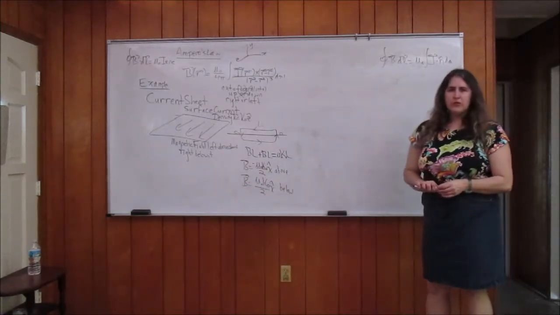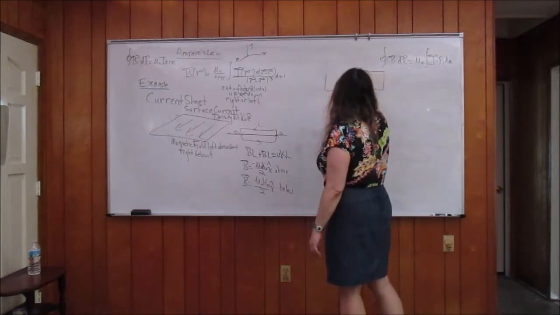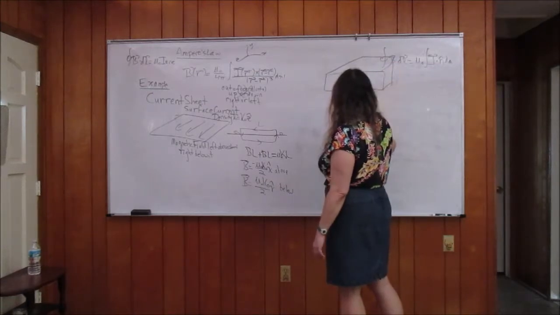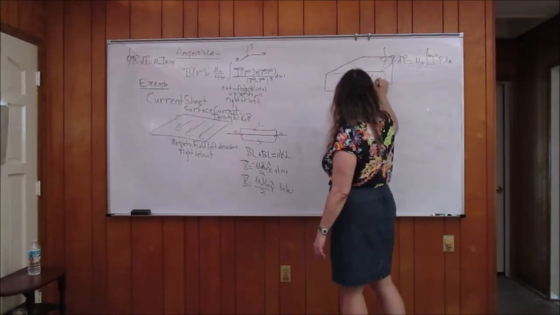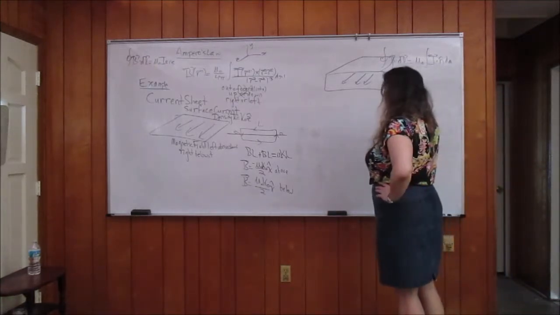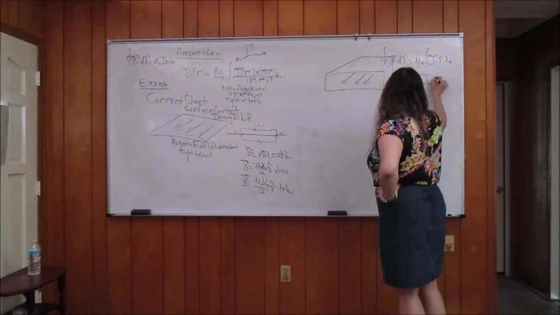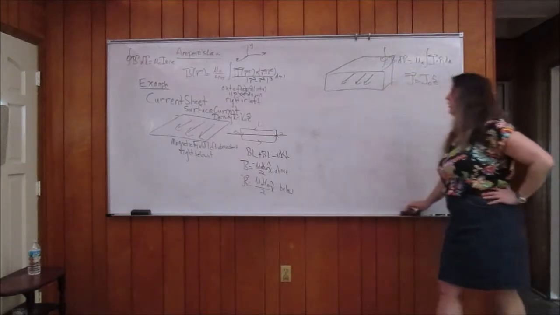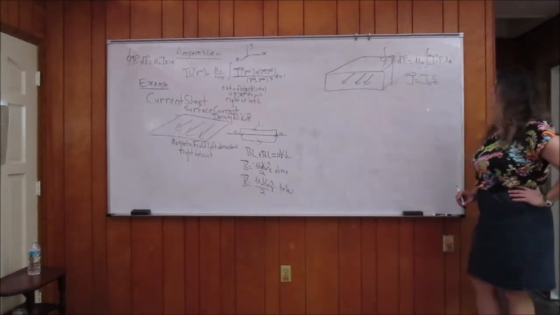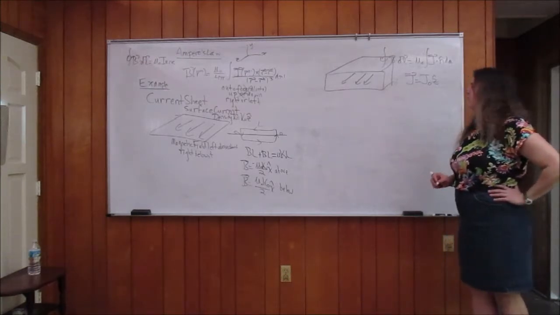Let's take another kind of current sheet, but this time let's assume that it's a current slab. And once again, the current's flowing out of the board. We have uniform volume current density, J naught Z. We want to determine the direction of the magnetic field.